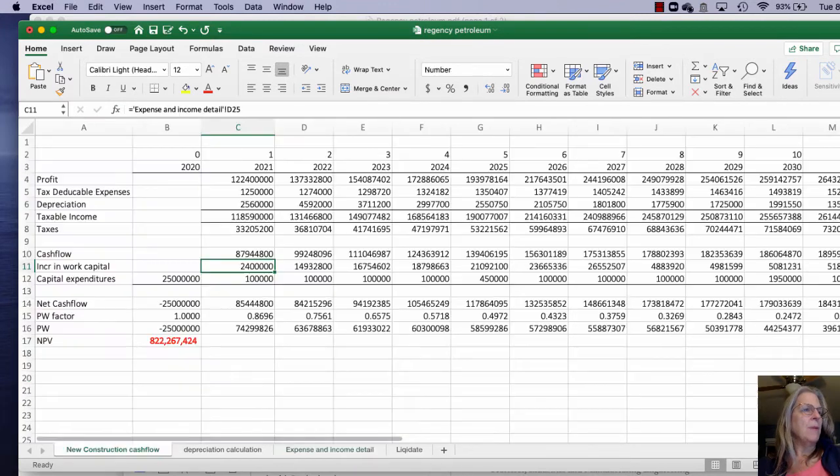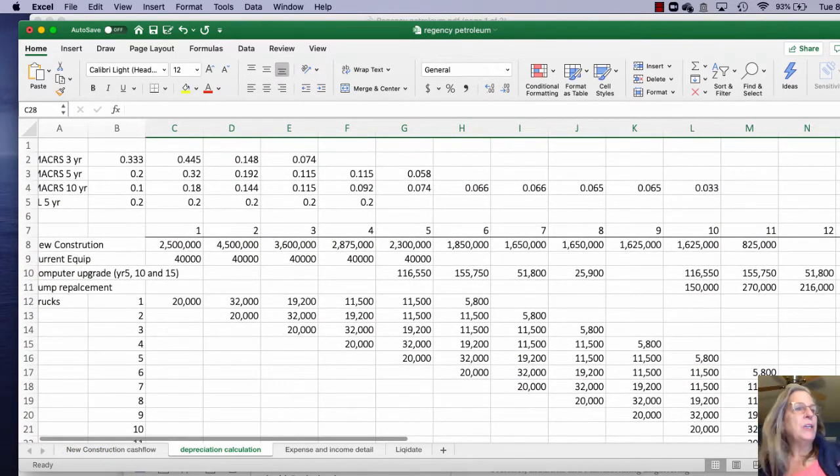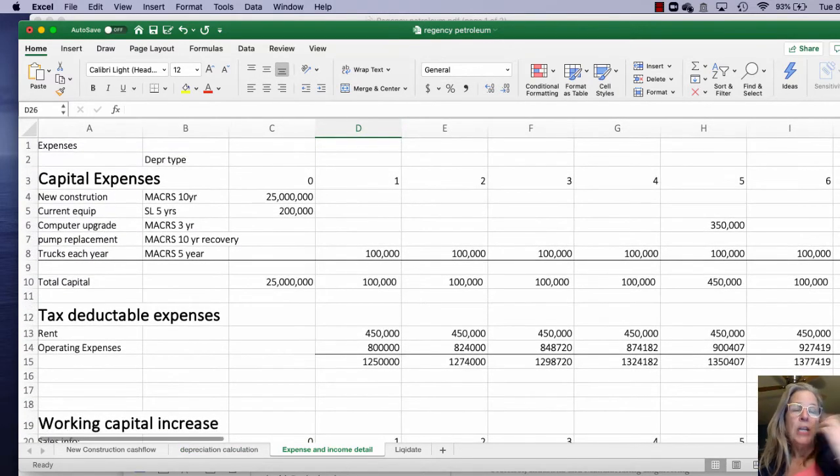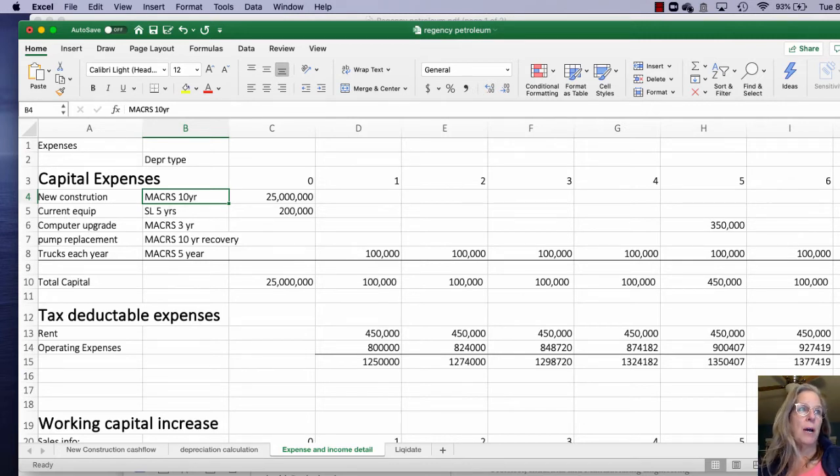The other thing we need to do is think about depreciation. So what depreciation is on these capital expenditures that we have here on the top. Each of these are purchased, but they last for a long time, and it tells you how to spread that expense over time. So this 25 million, they said it's a MACRS 10-year depreciation.